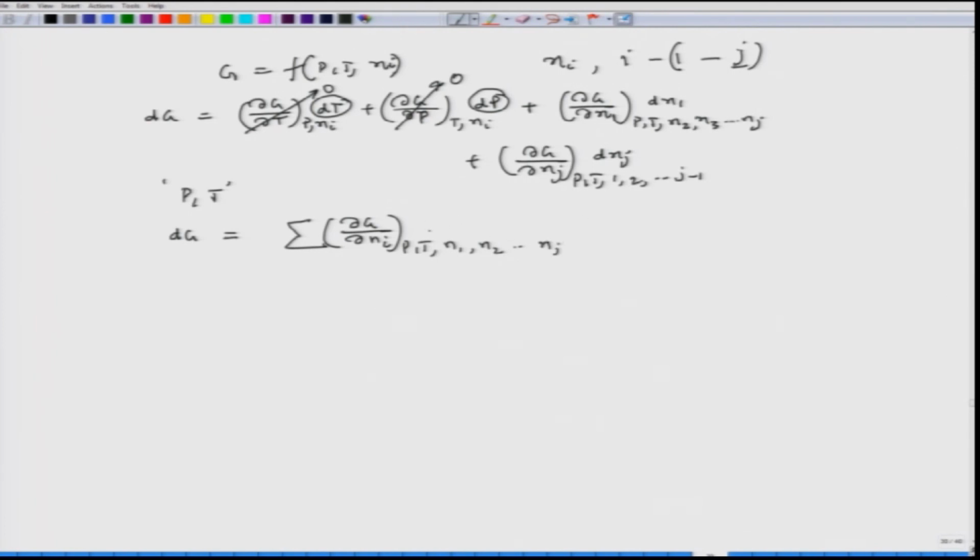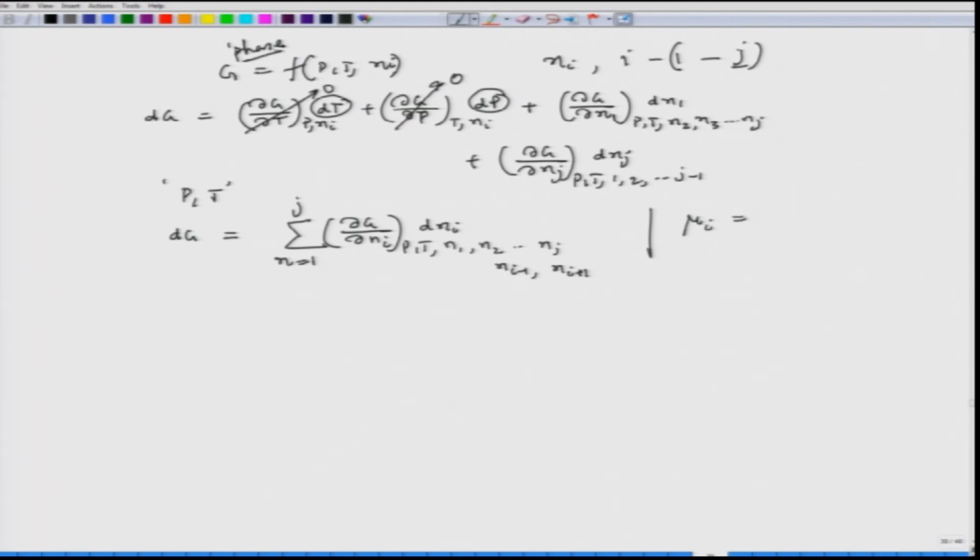So, I can write d G equal to the sum of the partial derivative of G with respect to n i, at constant P, T and all other n, times d n i, where i varies from 1 to j. This is the chemical potential of i, that is, of that component in that particular phase.